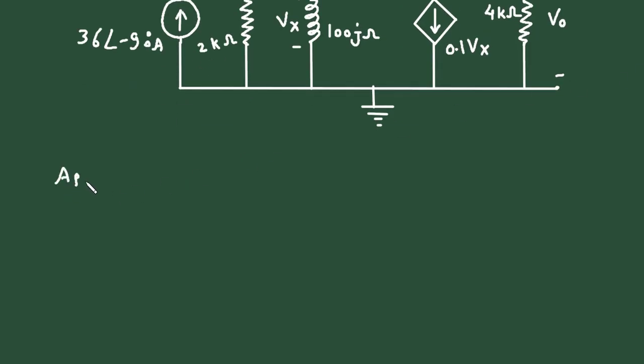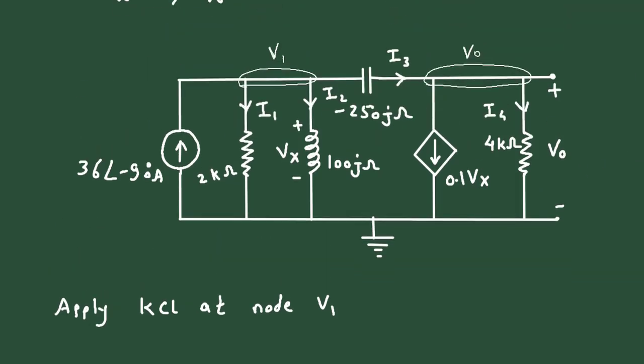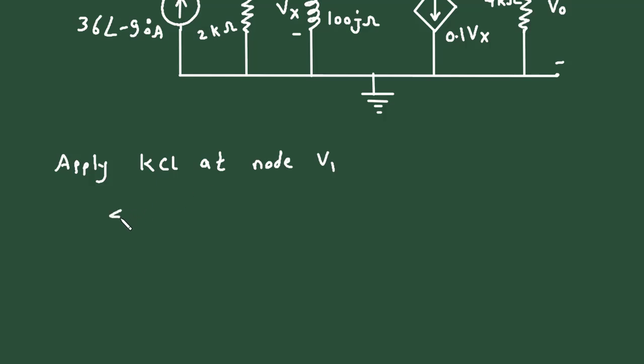Now let's apply KCL at node V1. According to Kirchhoff's current law, summation of all the currents entering a node is equal to summation of all the currents leaving the node.